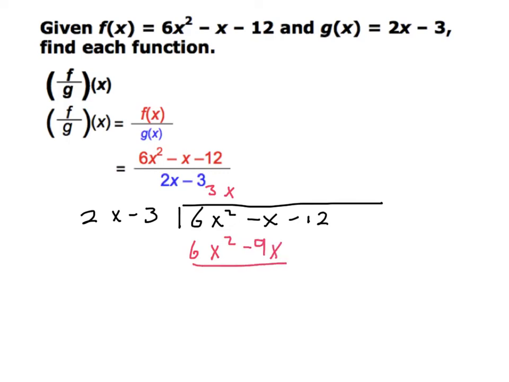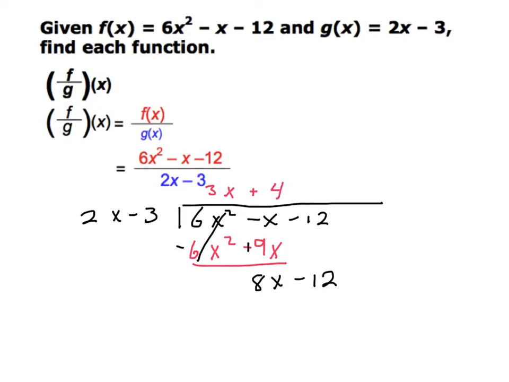At this point, we're going to change the signs and add. This goes out like it always should. It subtracts out. And I'm left here with 8x minus 12. Now we're going to start all over. What times 2x gives you 8x? Well, that's going to be a plus 4.